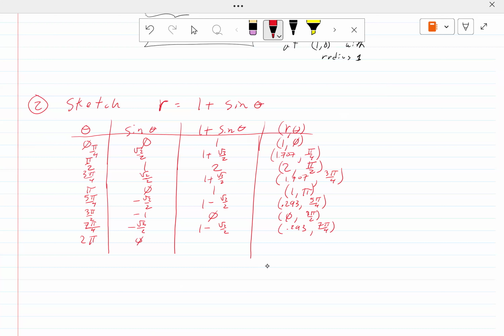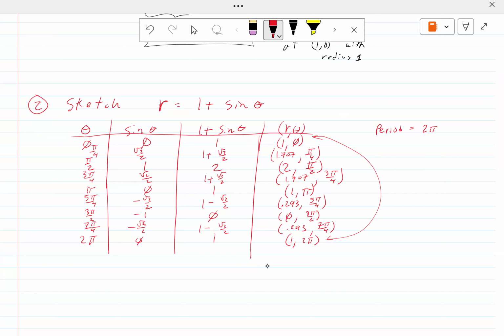That's 1, which brings us full circle. 1 and 2 pi, which brings us back to our original point. So in this case, our period is 2 pi, because we end up back at the same point, because 0 and 2 pi are the same angle. If we end up at the same angle at the same point, then that's our period.